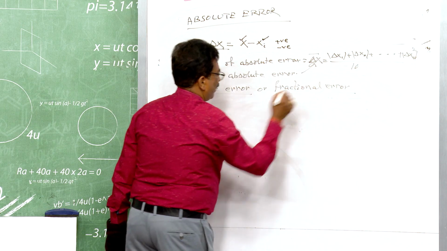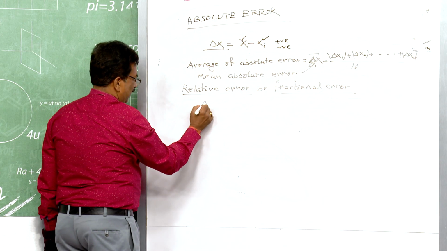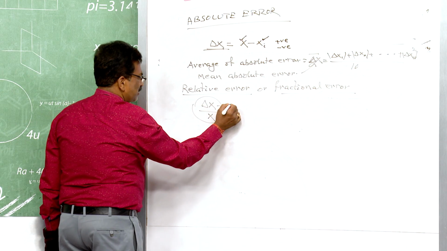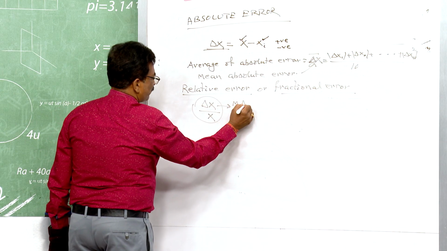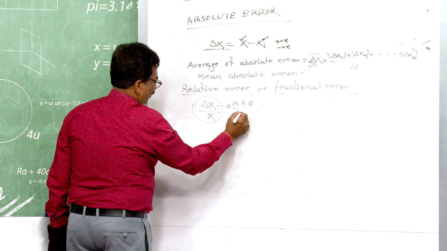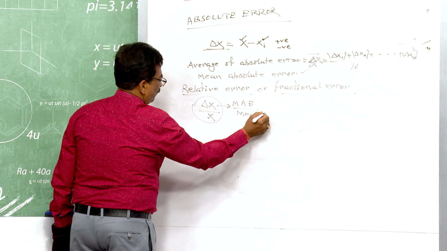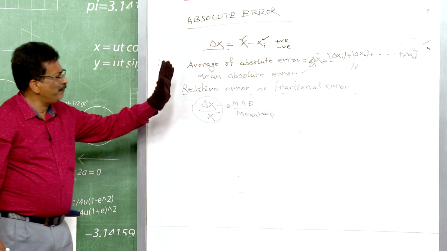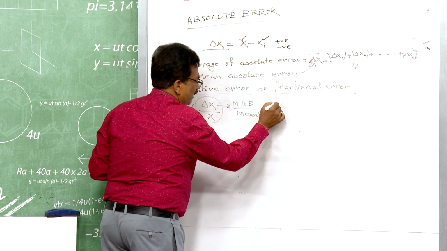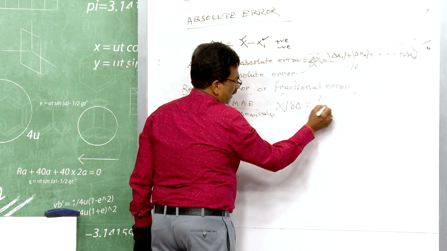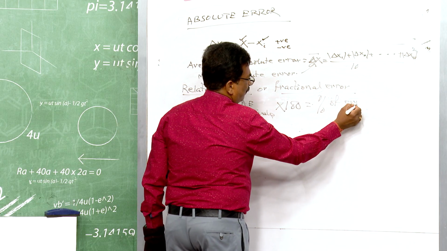The fractional error equals del x by x, where del x is the mean absolute error and x is the mean value. That is known as the relative error or fractional error, and when it is multiplied by 100, that is the percentage of error.